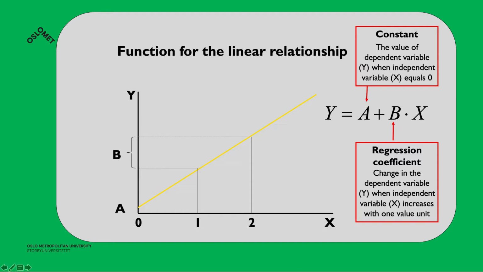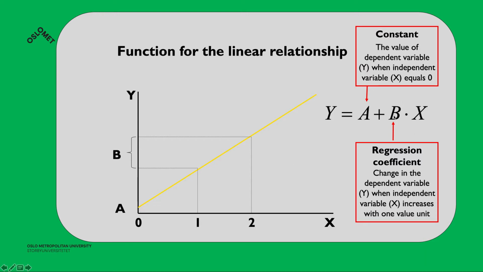So if you put in a 0 for x, b times 0 is 0, so this whole part falls away. Then you're just left with the a. That's the value on y when x is 0, as we can see from the graph.